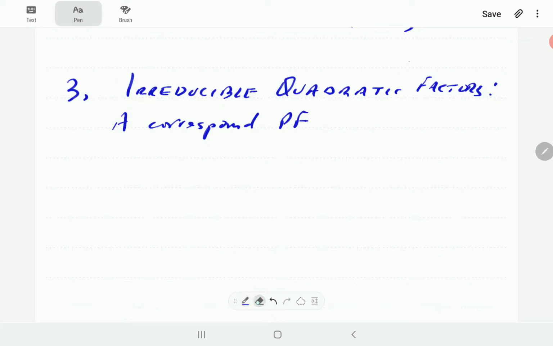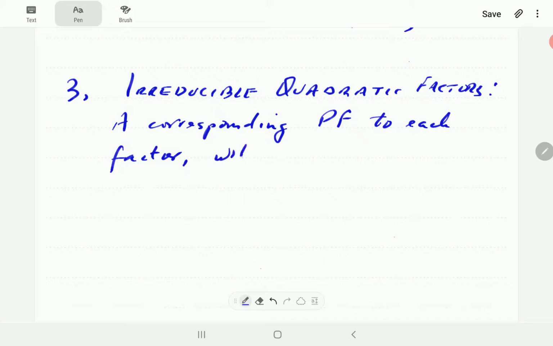But the important thing here is that each of these partial fractions must have a linear numerator. So we're going to show you what we're talking about here with a linear numerator.